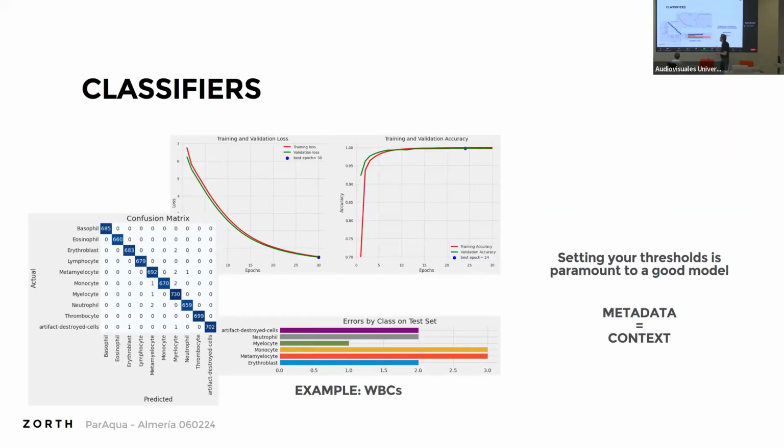Here's an example. You're getting your errors by class on the test set. We're getting that confusion matrix, actually. I wanted to show you that. That's typically what you get outside of a good network that has been trained. You got the actual versus the predicted, and you should get the highest numbers on the diagonal here, and only a very few errors there. And that's basically your false positives and false negatives. That's where they land.